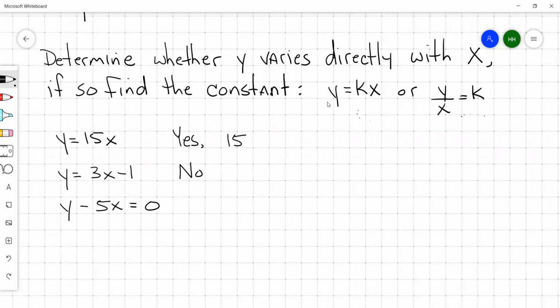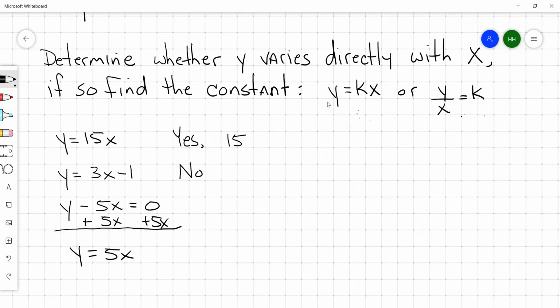But if you took this equation and added 5x to each side, which you're allowed to do, you get y equals 5x plus 0. And you wouldn't write the plus 0, would you?